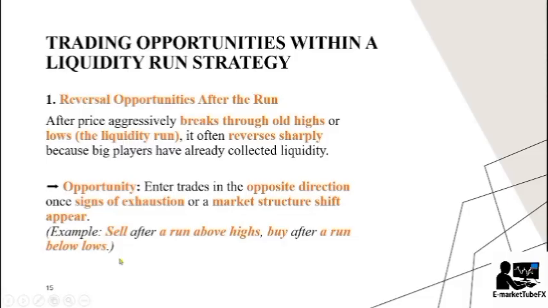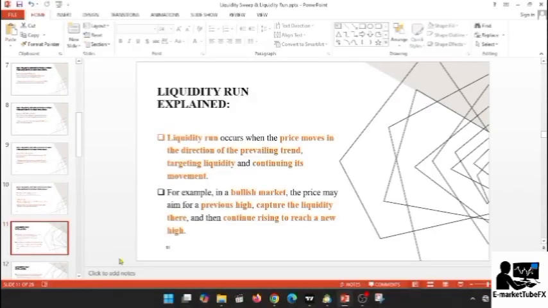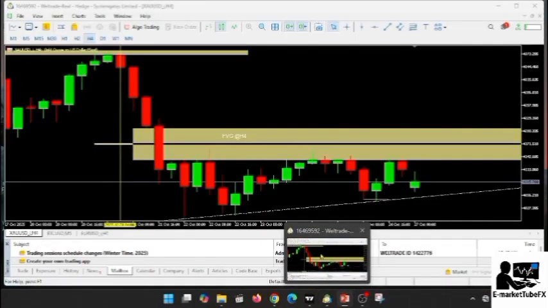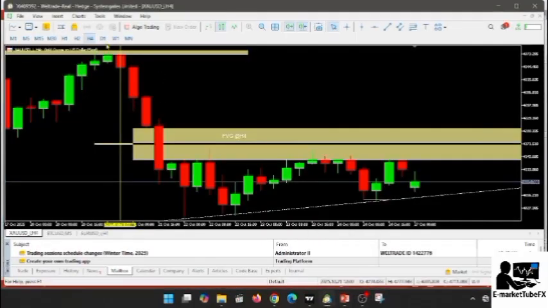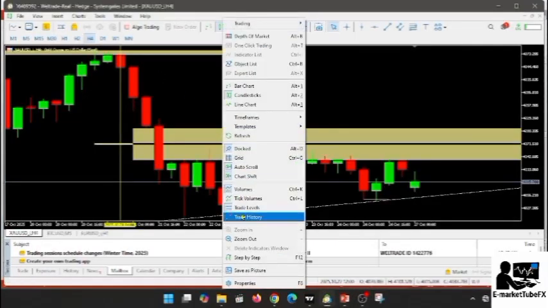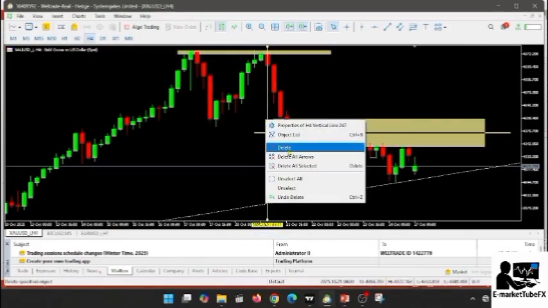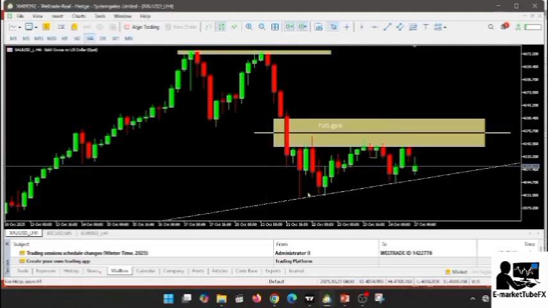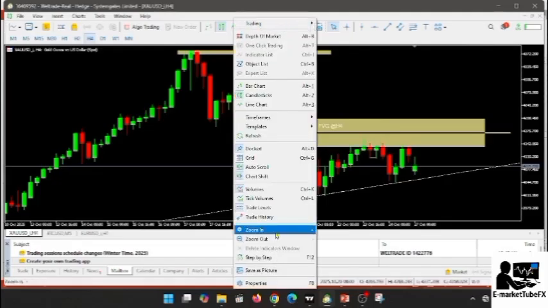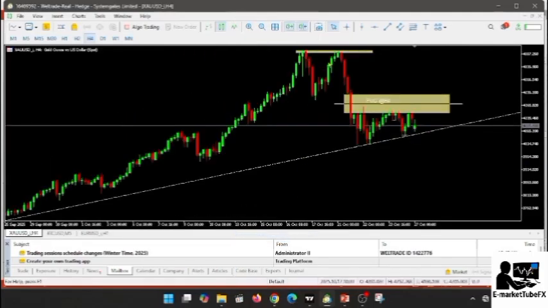So what are we talking about? Let's come to the 4-hour time frame. Let me reduce it so you see what I'm talking about. Let me remove the bar here. We saw a bearish move that brought price down.